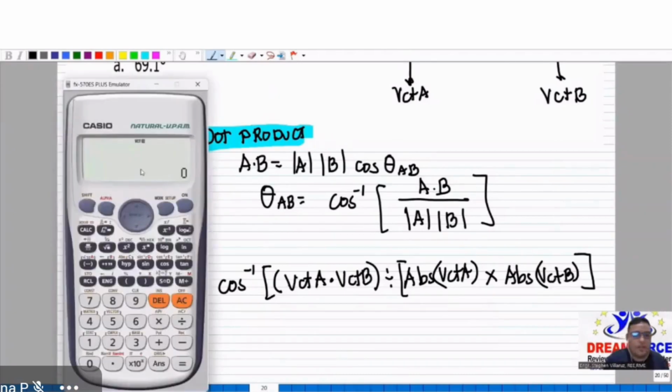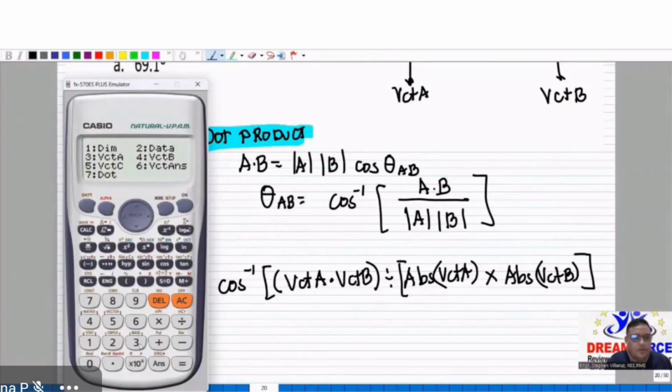Yan. Sige, ano yun natin? Type natin yan. So, arc cosine ng A. Dapat naka-ano yung parenthesis, no? Yan. Kung ano ang nagbuka, siya rin sasara. Okay, so that is VCTA.